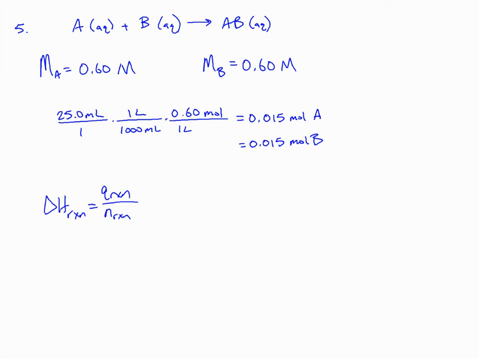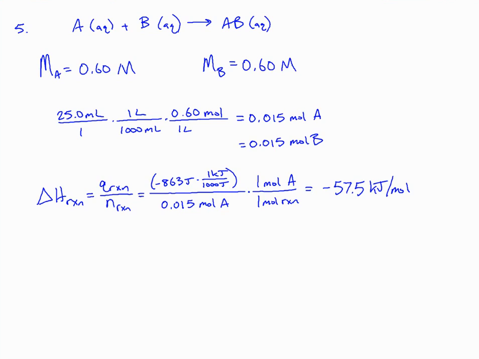So we have to know moles, which is what we're doing here. Volume times concentration tells us moles. We knew the volume of A, 25. We knew the volume of B was 25. They both have the same concentration. So we have this many moles of each of them.